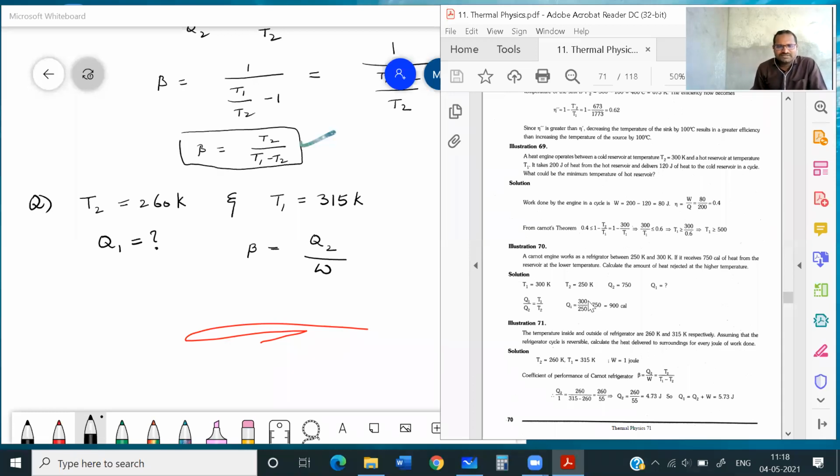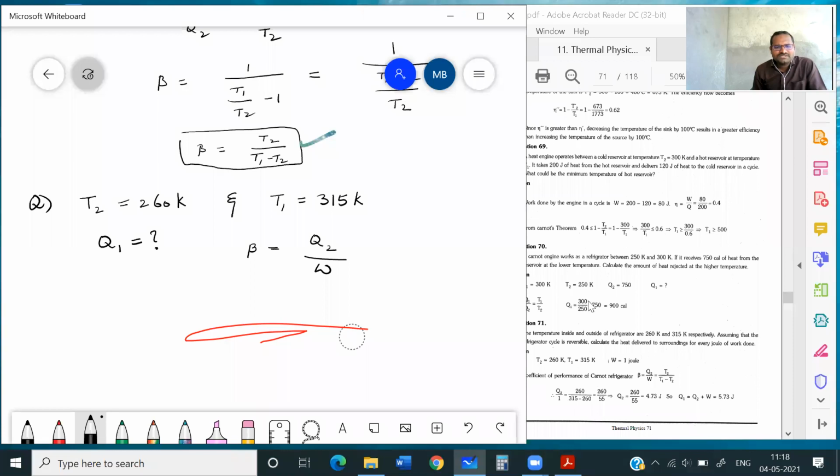Yes, so this is the formula that we are having. Varun, erase this red mark. Only you can do it, Varun.